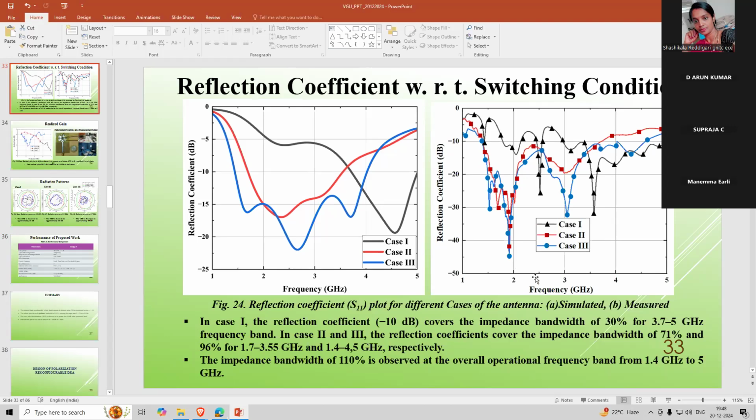If it is a single frequency, the center frequency can be used directly. If you are getting more dips, or two dips, you have to consider all the dips, and the center frequency will be the average of the frequencies of all the dips or resonant frequencies. That way we have to calculate the 110%.